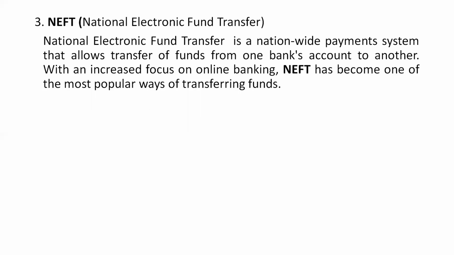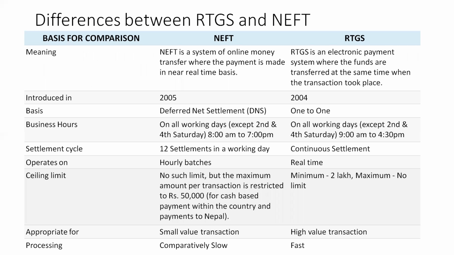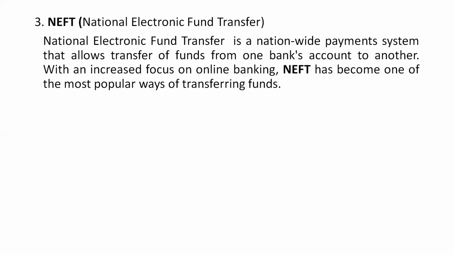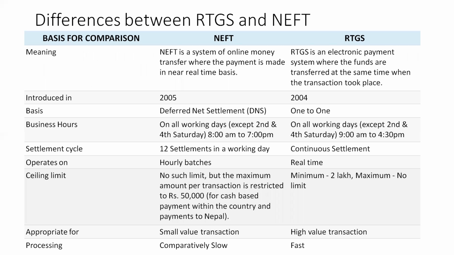So these are three important types of transfer of funds from one account to another. Now we will understand the difference between RTGS and NEFT. If you see, on certain bases we can identify the differences between NEFT and RTGS.